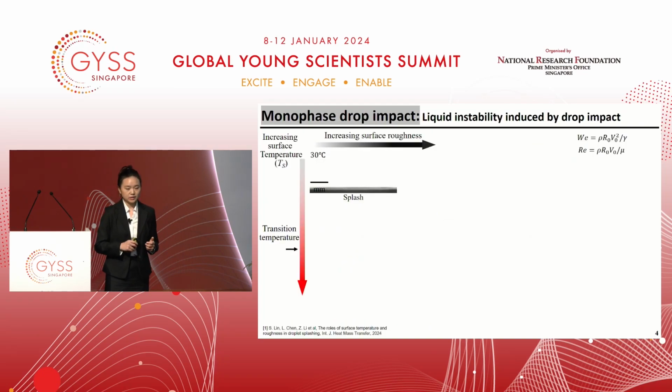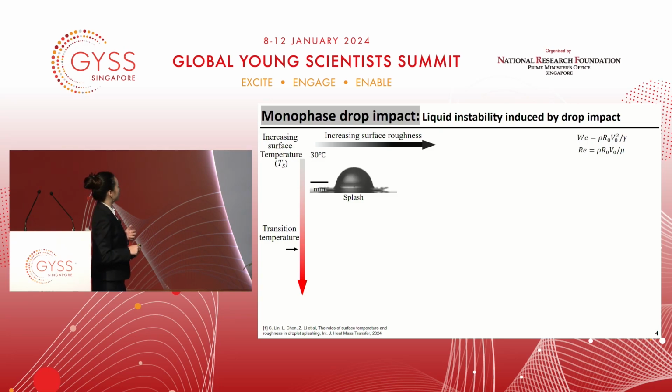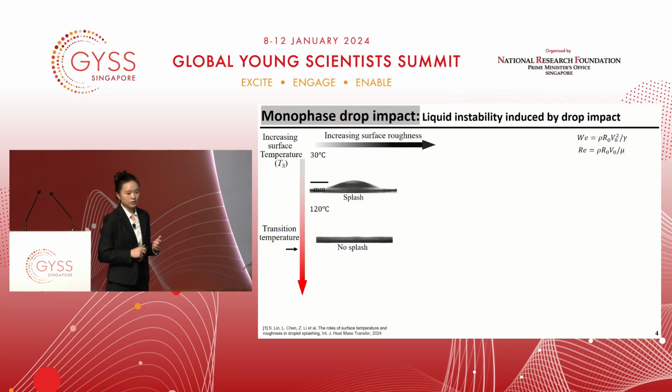Except for the spreading and retraction, liquid instability can also be triggered by drop impact. As shown in this first video, after impact, a lot of small droplets are ejected in the radial direction. We call it splash. It is interesting to find that surface temperature can affect splash occurrence.